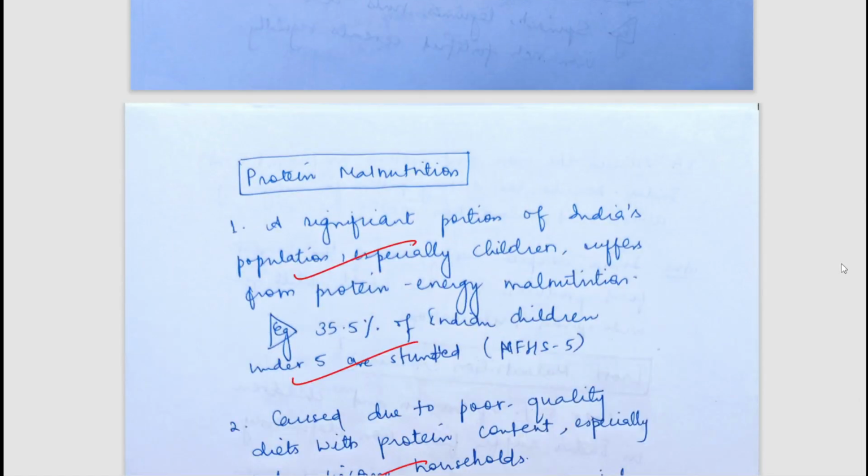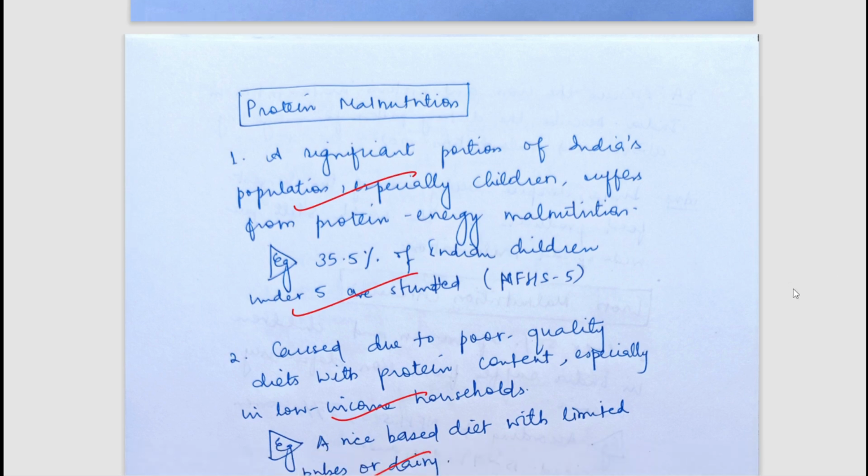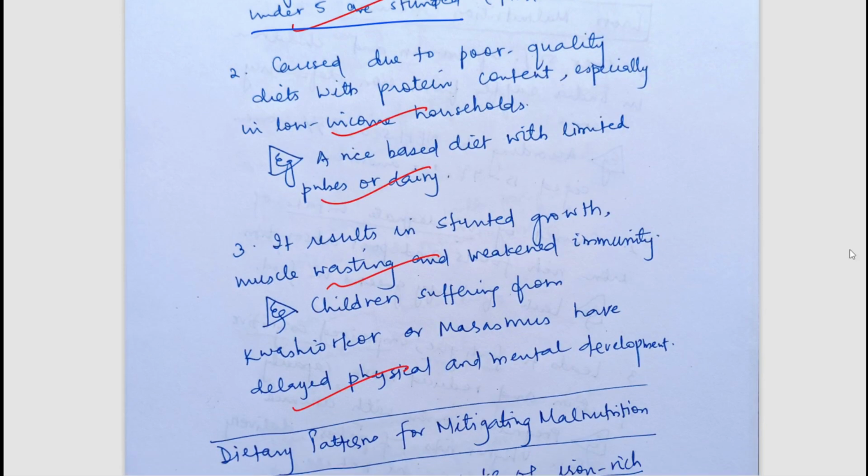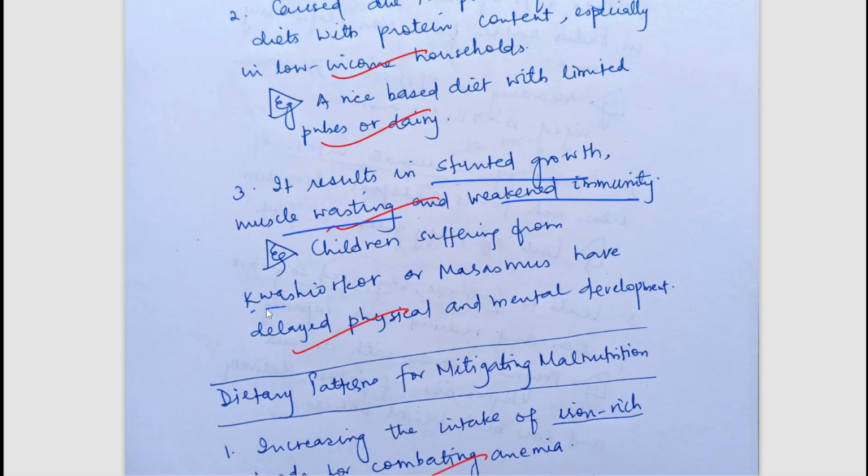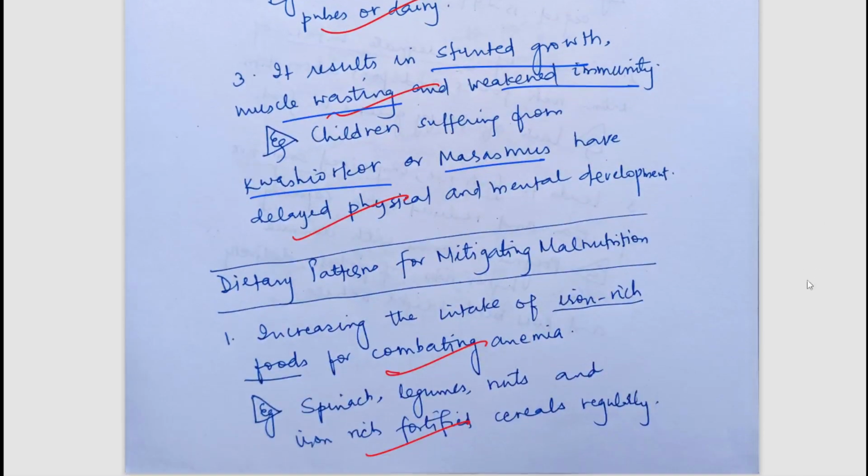Now, protein malnutrition has also been mentioned. Many children are suffering from kwashiorkor or another protein disease, marasmus. Around 35.5% of under-5 children are stunted. Stunting leads to stunted growth, muscle wasting, weakened immunity. It leads to kwashiorkor and marasmus, which I just discussed.